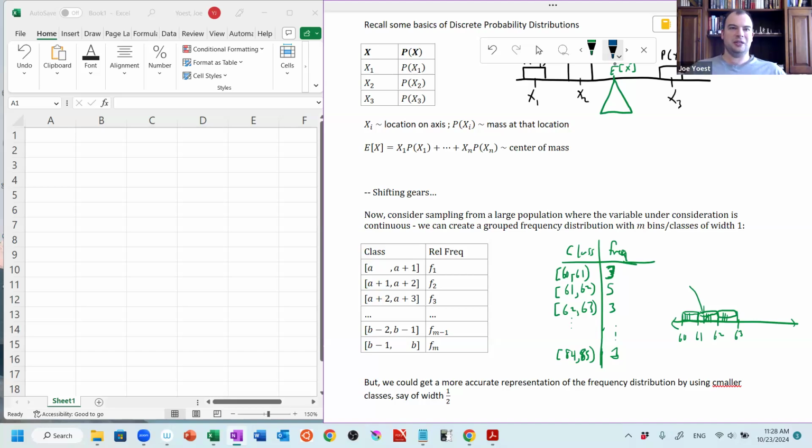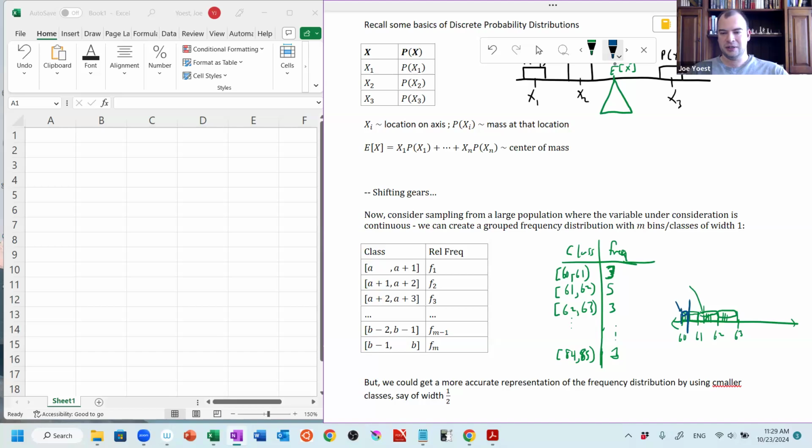And as I keep splitting the bins smaller and smaller, when I split a bin in 2, some of the outcomes that fell in that original bigger bin will fall into the left bin, and some of them will fall into the right bin. So when I come along and split this one in 2, some of these outcomes that were in the 60 to 61 bin will be between 60 and 60 and a half, and they'll fall in our new refined left bin.